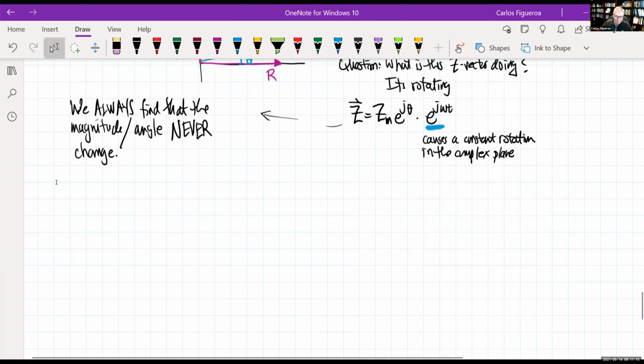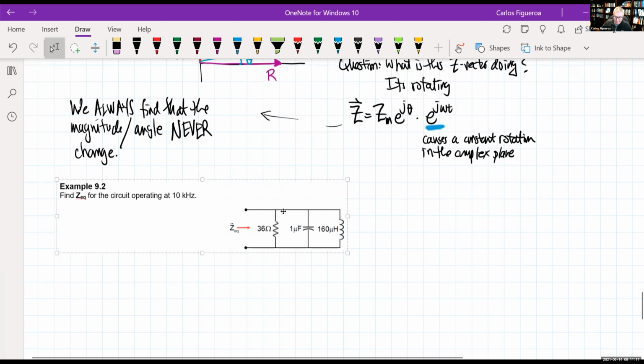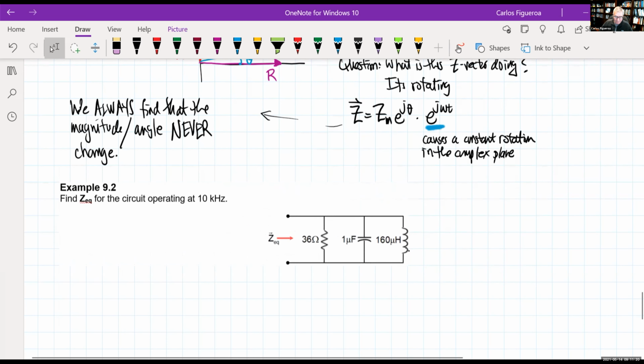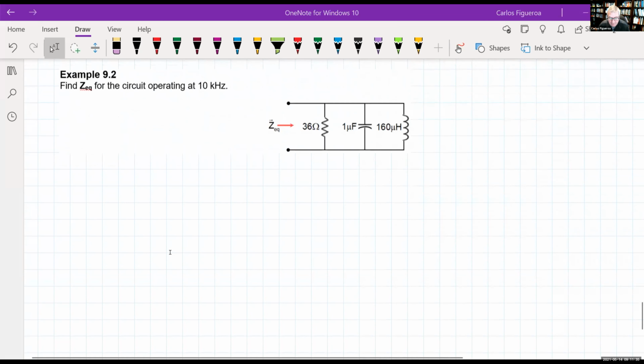Here we go. We should start off here by calculating everything. We'll start off as simple as possible and then just crank right through this. My job is to just beat you over with examples so that you know exactly what to do. Right now, we start with a time domain circuit.